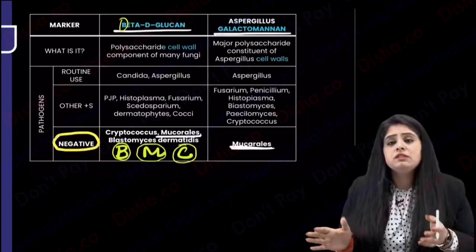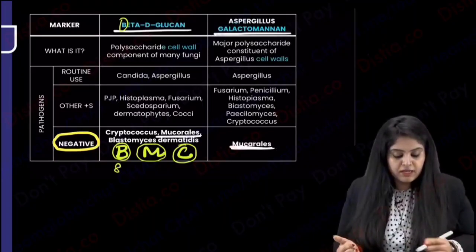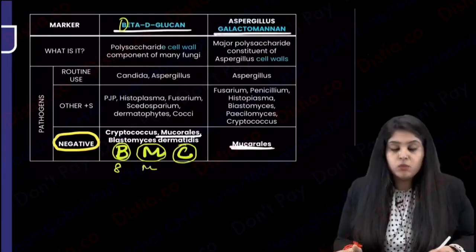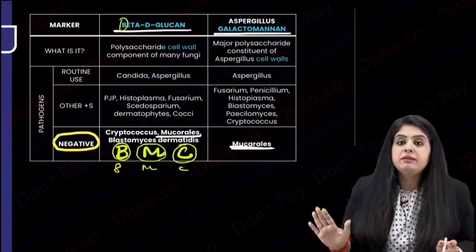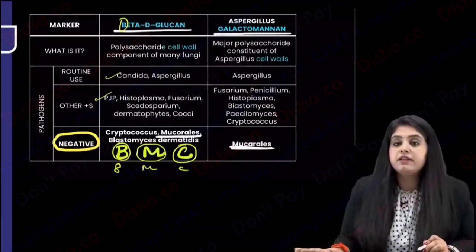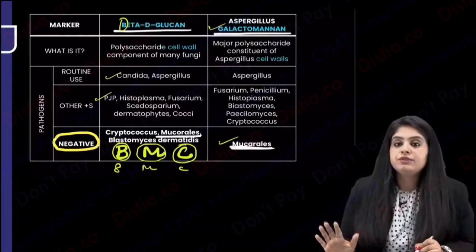So a better way out is to learn the negatives. Blastomyces, that figure-of-8 Blastomyces, then the mota Mucor, and finally Cryptococcus. In these three you are not going to find beta-D-glucan. Other than that, it is positive in everything. For galactomannan, remember it is not positive in Mucor; the rest it is positive in everything. That's a better way of learning this table.